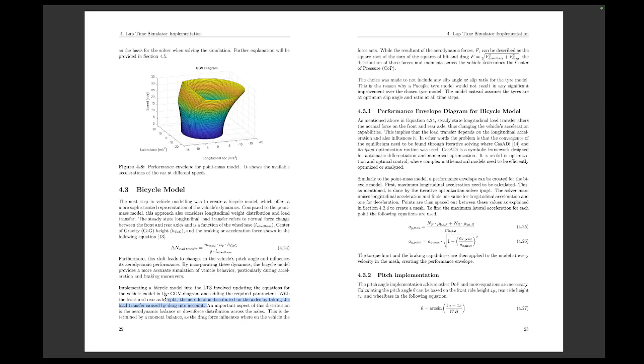An important aspect of this distribution... I don't know what this really means, so I'm going to have to look into this.